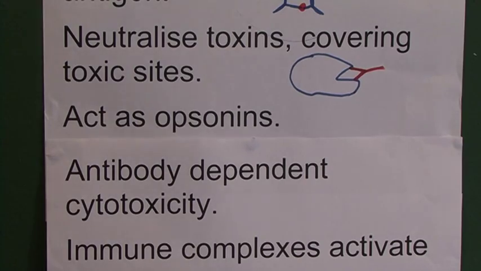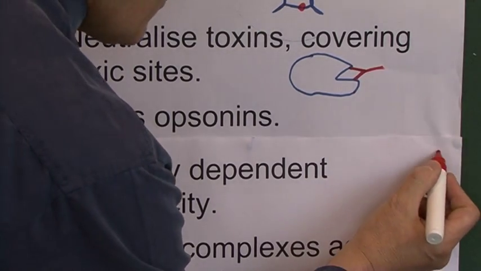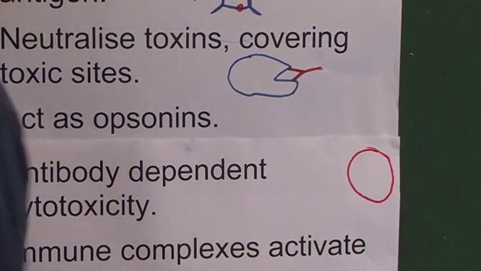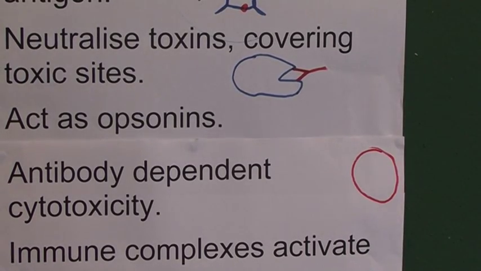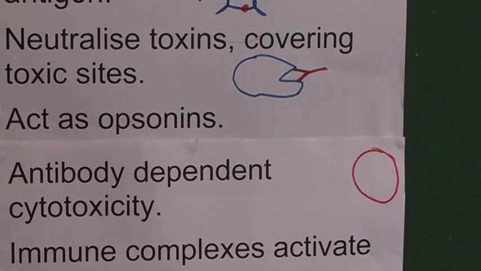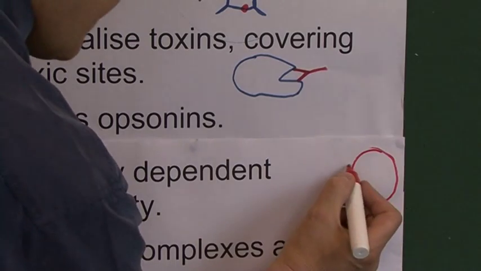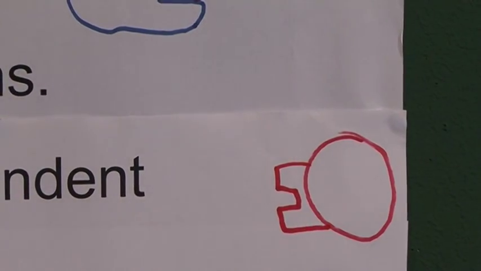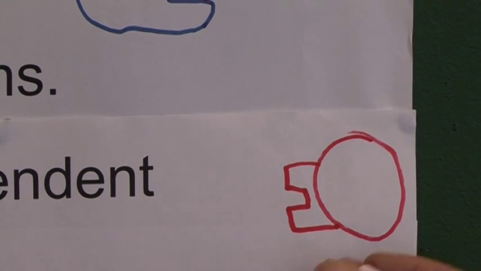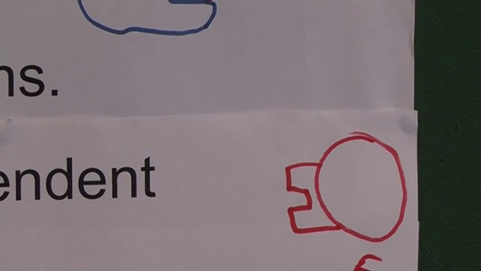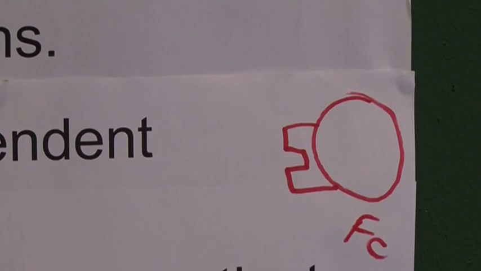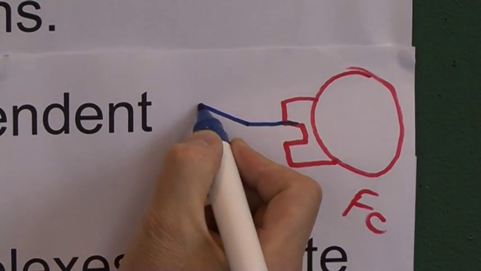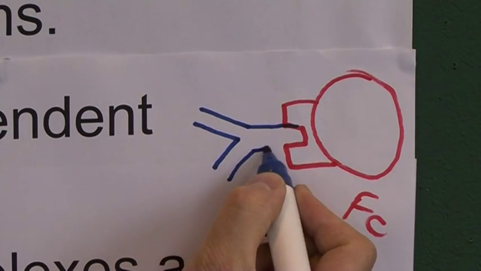And what actually happens here is we'll have a T cytotoxic cell there, like that. A T cytotoxic cell is a cell which can kill other cells, and it has a particular receptor on its surface like this. Not drawn to scale, obviously. That's actually called an Fc receptor. And what happens is that the antibody will fit into that. There's the antibody molecule fitting into that.